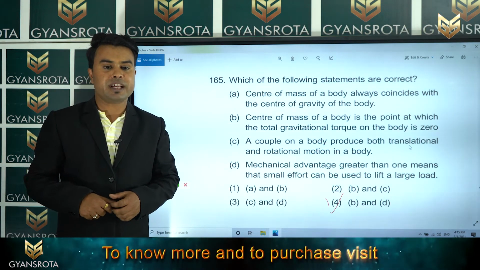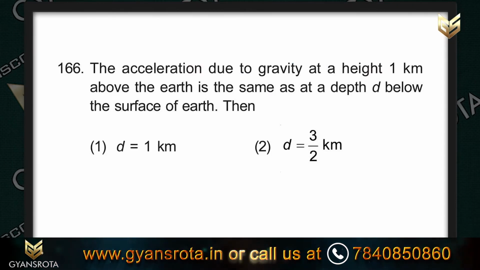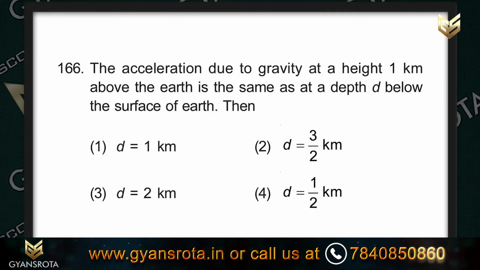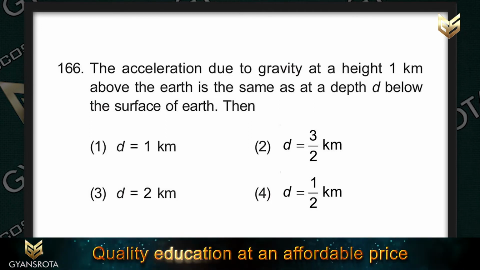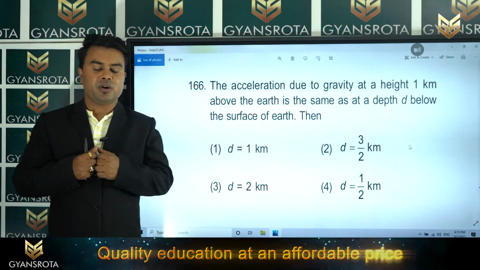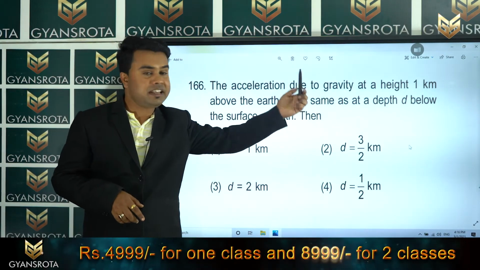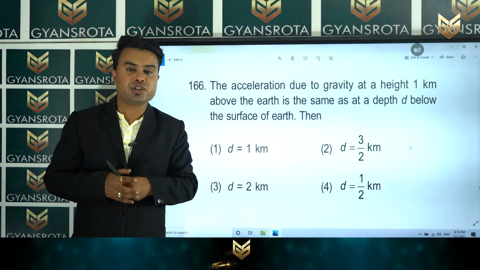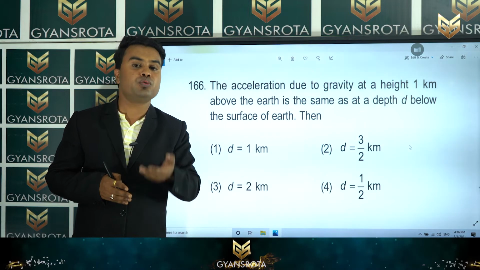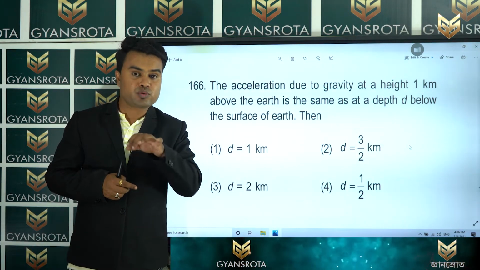Now let us move to the next question, that is question number 166. Acceleration due to gravity at a height 1 kilometer above the earth is the same as that at depth D below the earth's surface. See, what you are going to do is get the expression for the acceleration due to gravity as you move up and the expression as we go down.